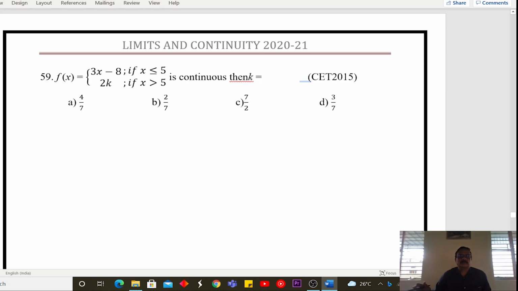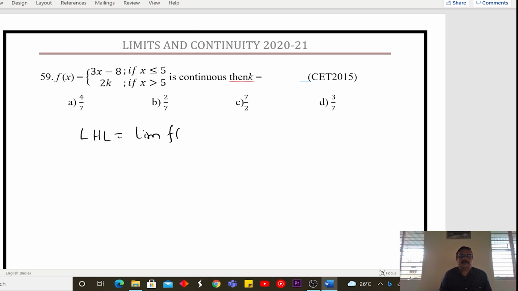Okay. Question number 59. Again, the function f of x equal to 3x − 8 if x is less than or equal to 5 and 2k if x is more than 5 is a continuous function, then the value of k is equal to. Now again here inequality is given. So what can you do? That is to find LHL and RHL.